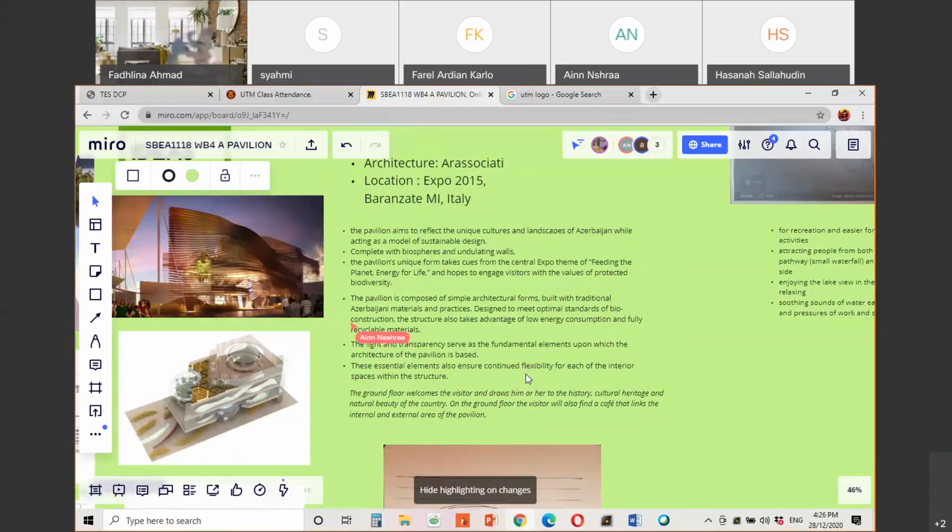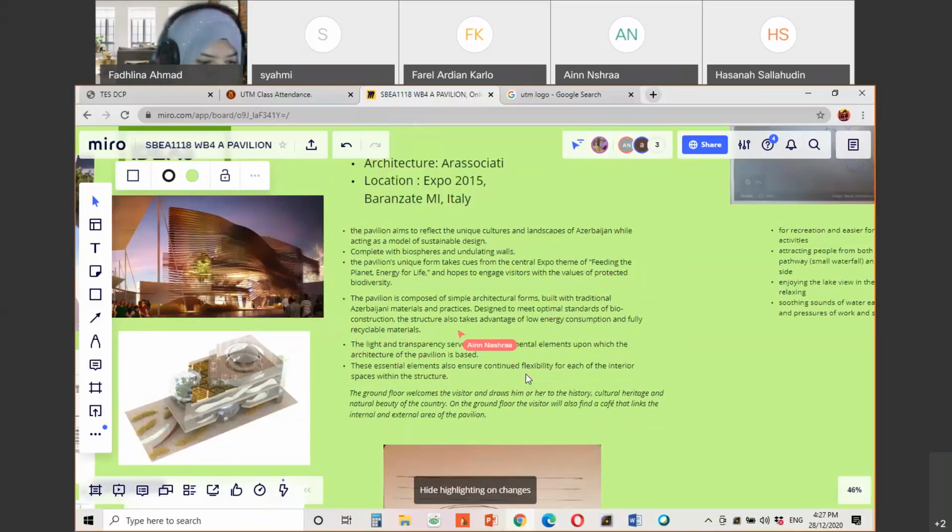The pavilion's unique form is taken from the central Expo theme of Feeding the Planet, Energy for Life. The pavilion is also composed of simple architectural forms built with traditional Azerbaijani materials and practices. It is designed to meet optimal standards of bioconstruction.